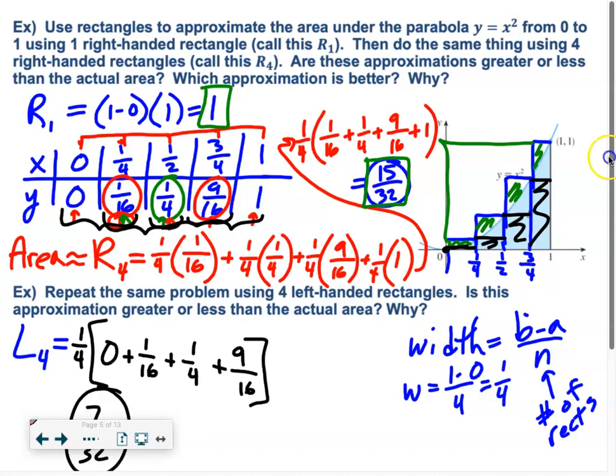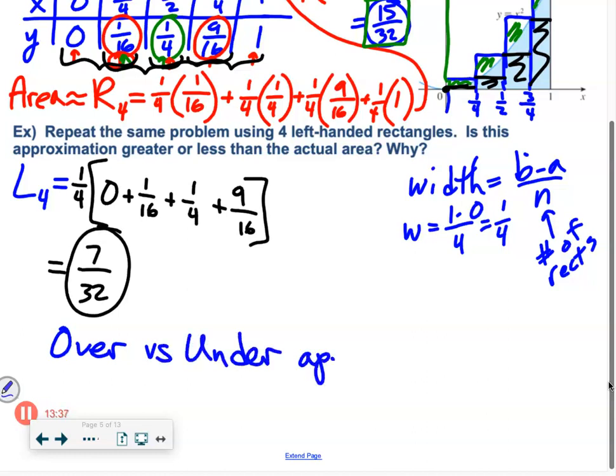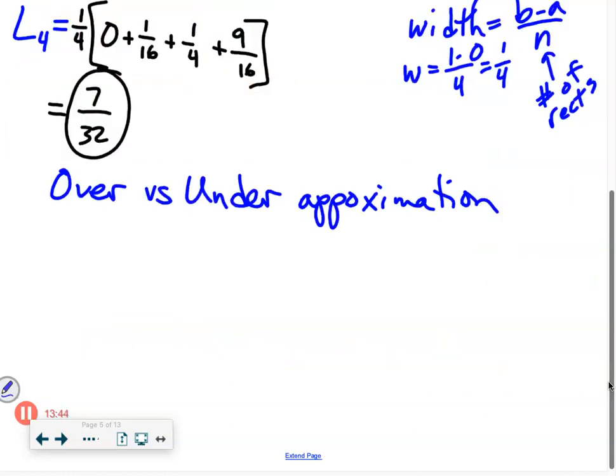I'm going to put a little note here for over versus under approximation. An over versus an under approximation has to do with the direction of the function.